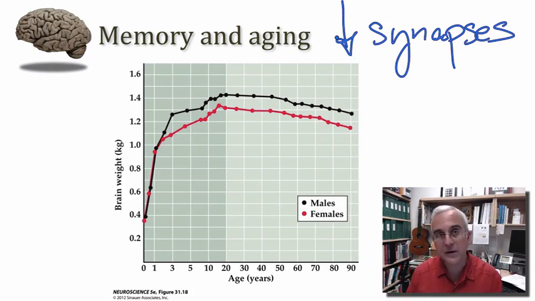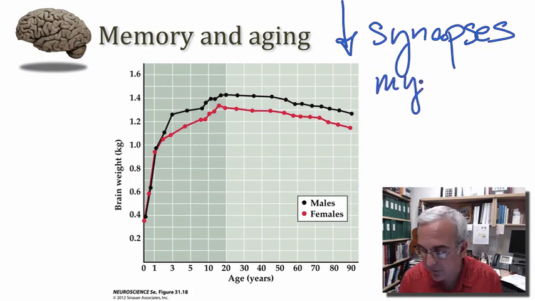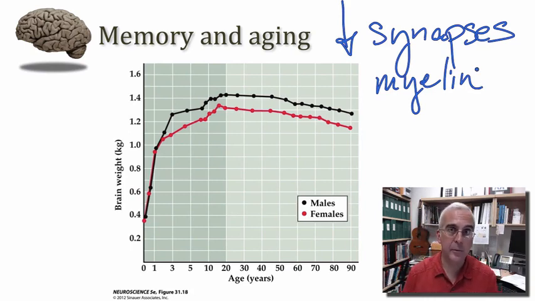Now, other changes that are taking place reflect changes in the structure of myelin around axons and white matter pathways. So while myelin is not necessarily being lost, although it may be in some regions of the cerebral white matter, myelin seems to be disrupted at an ultrastructural level. And as a consequence, the tight wrapping of myelin around axons in white matter seems to be loosened.